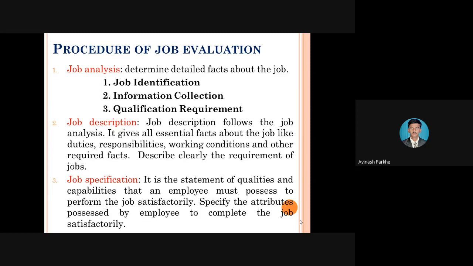So this is the first procedure, job analysis, with the simple definition: determine the detailed facts about the job. That's why I have given the nature of task performed, purpose of task, working condition, responsibility, and skill required to carry out the task. All such basic information you will get under job analysis.